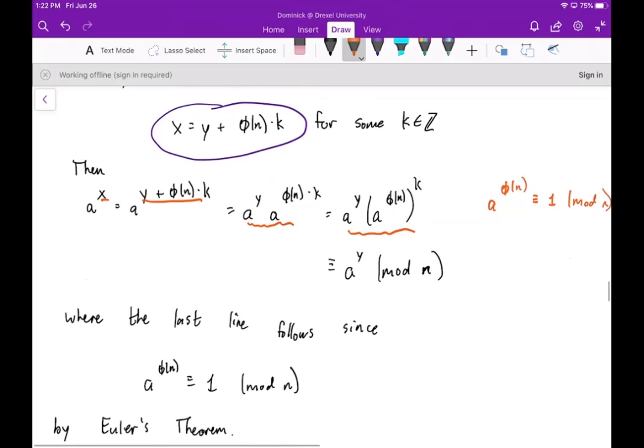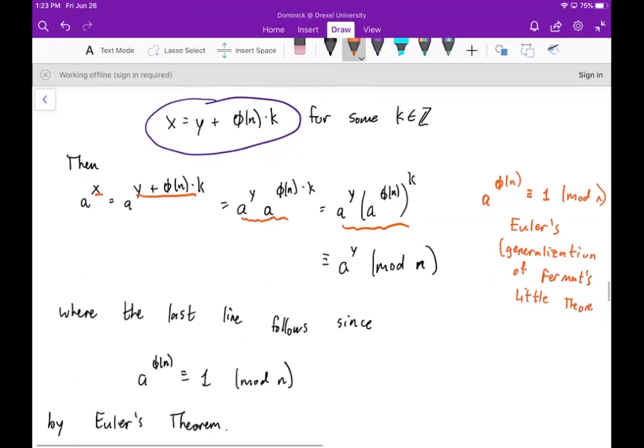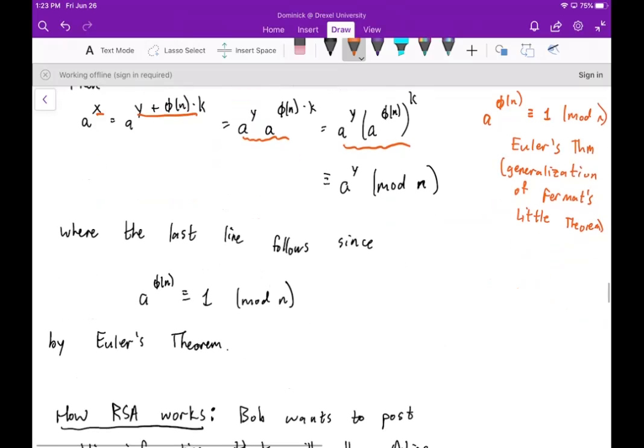And this is by Euler's theorem, which is a generalization of Fermat's little theorem. All right, so that proves the result there.